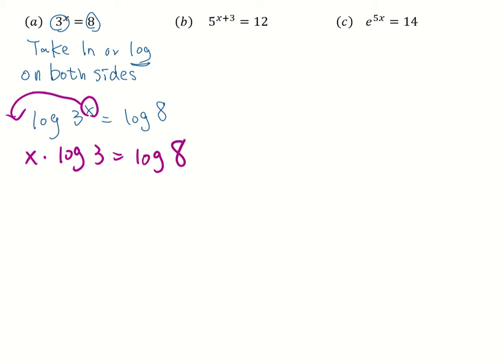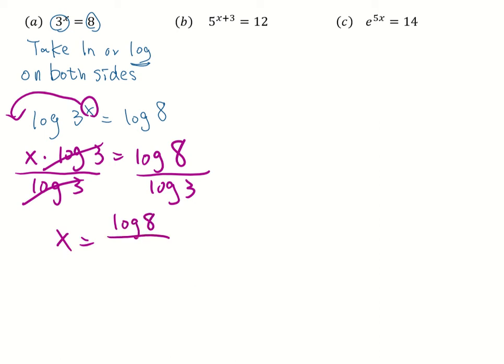To leave x by itself, you want to divide both sides by log of 3. It is just a number. So the exact value of x is log of 8 over log of 3.